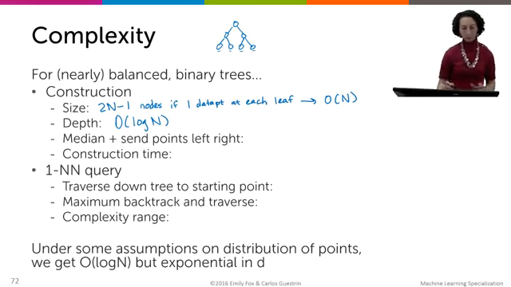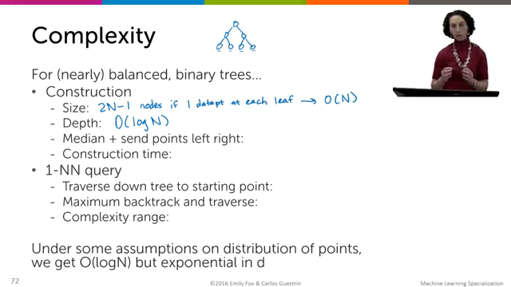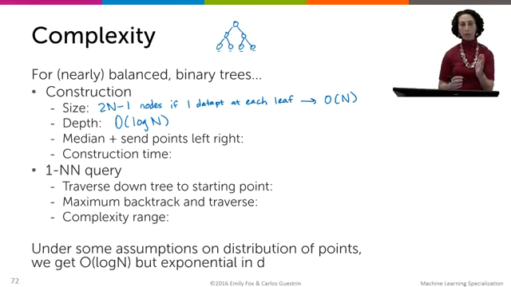Okay, so now let's talk a little bit about the complexity of constructing this tree. What do we have to do? Well, if we use our median heuristic for how to set the split value, then at every level of our tree, we have n observations that we either have to send to the right or to the left. In the first case, it's just one split left and right.